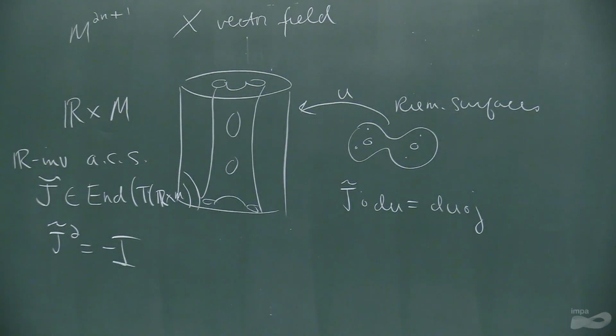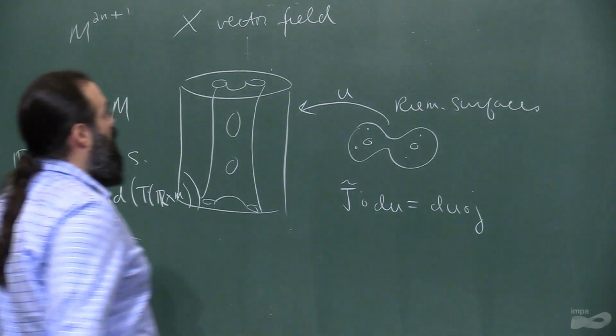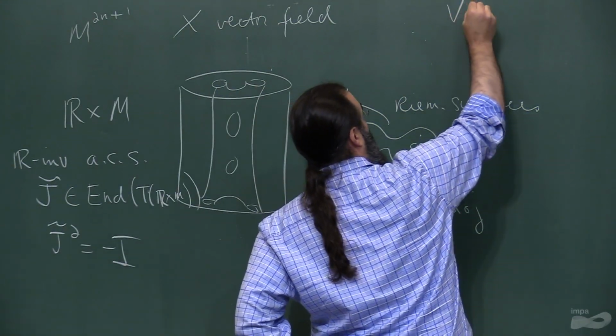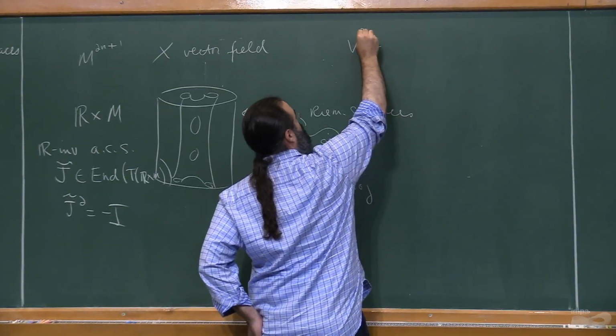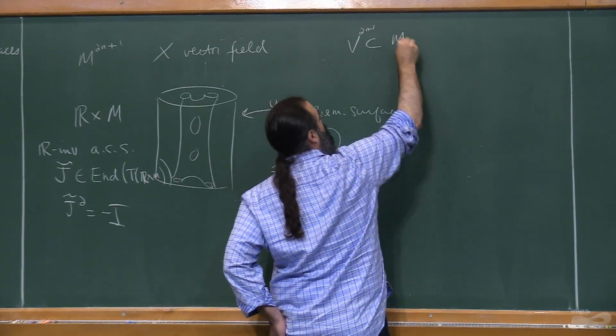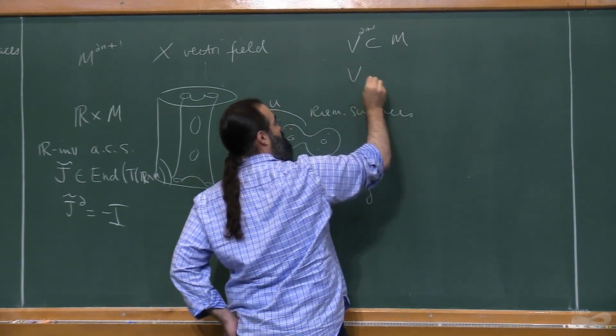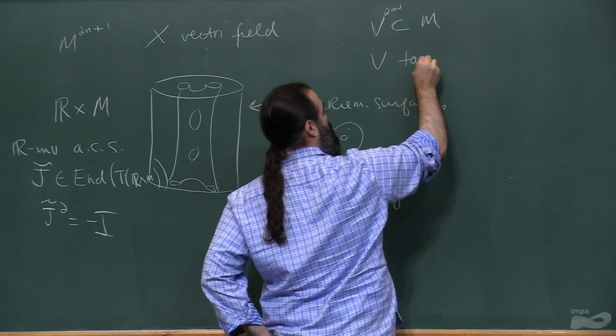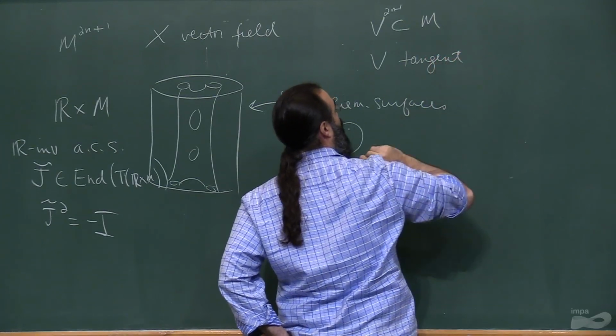And in addition, I want to consider a codimension 2 submanifold V in M. And I want this submanifold to be tangent to, or invariant under the flow.